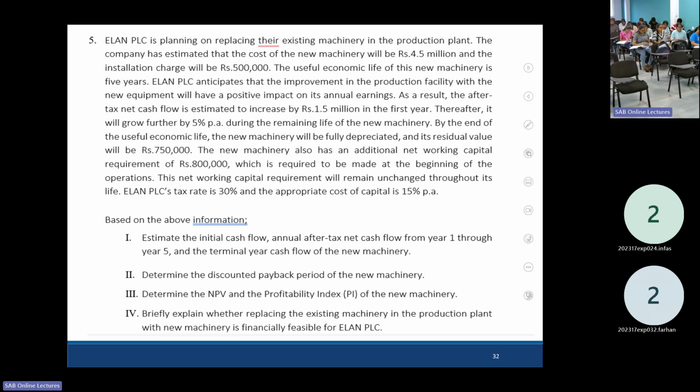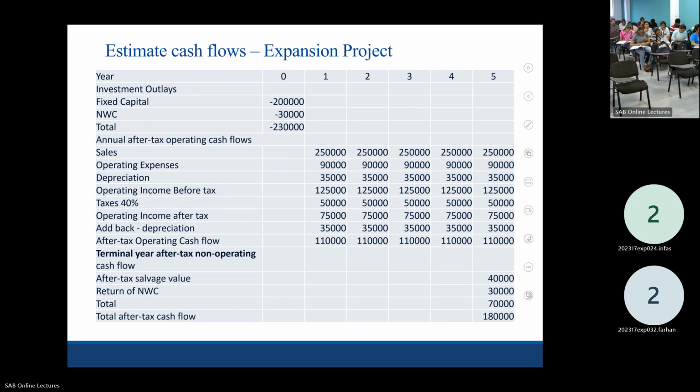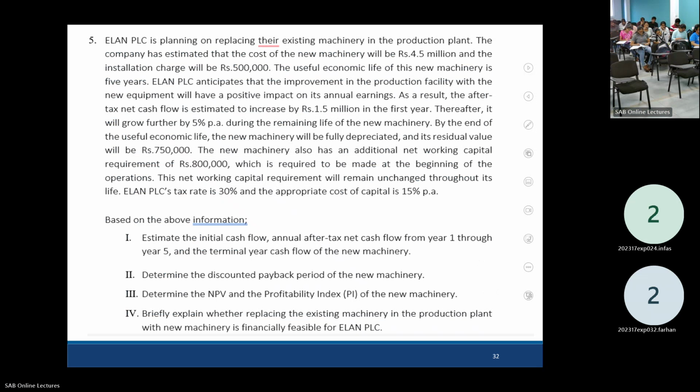You can see it, no? Right. The company has estimated that the cost of the new machinery will be $4.5 million, and installation charges will be 500,000. Useful economic life of the machine is 5 years.